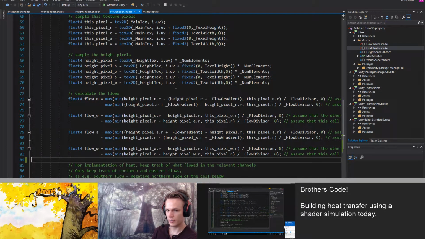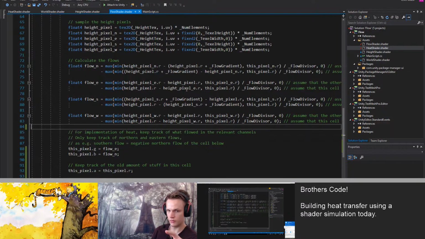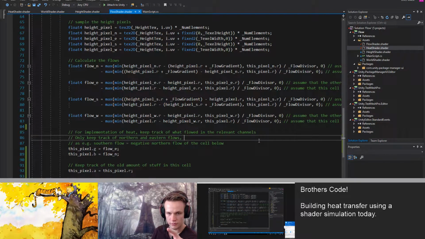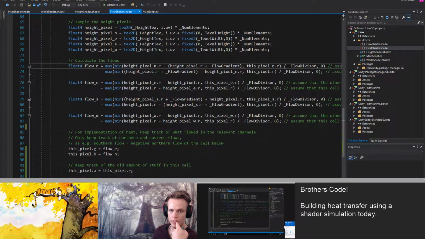So flow gradient, the total height, and then you take the min of, whichever one's lower out of the difference between the north pixel and yourself plus the flow gradient, and the amount that you have in yourself, or no, the amount in the north. Because this is assuming that the north has more. Yeah, if the north has more, then you take the max of that and zero.